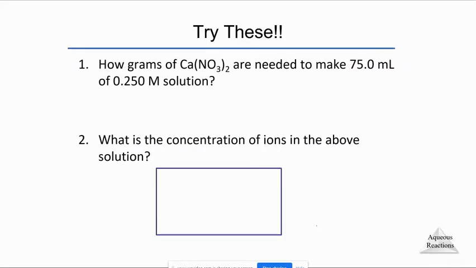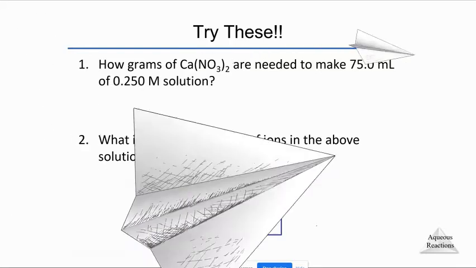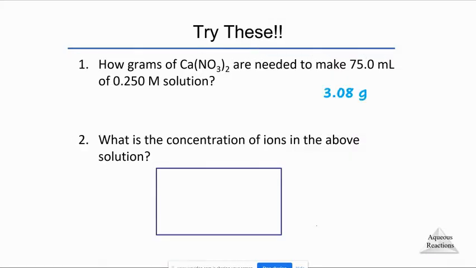2 more problems I want you to try. Take a minute, pause the video, see what you can come up with for these 2 questions. So for the first question, we get about 3.08 grams of calcium nitrate, Ca(NO3)2.